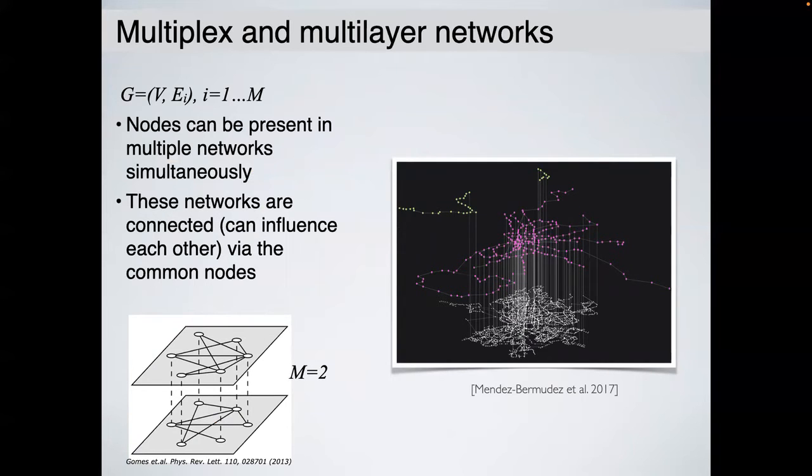Then we can talk about multiplex or multi-layer networks, in cases where you have several networks which are connected in some way. For instance, here there are transportation networks, and you want to know how Google proposes you go from one point to another in Lyon. Well, in Lyon, not so much, but in other cities.